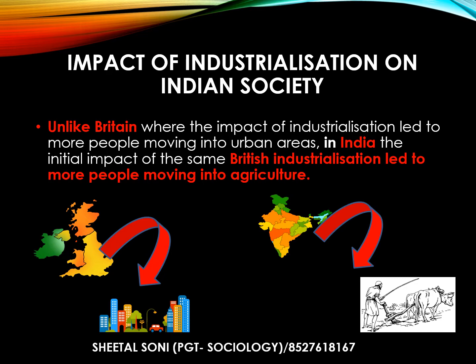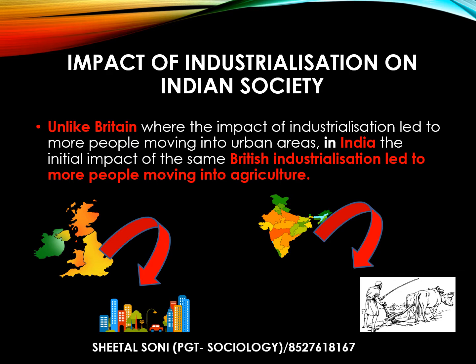So when industrialization was introduced in our society, its impact was very different from how it was introduced in Britain. When it came in Britain, people from the agricultural sector, that means from the rural areas, started running towards the urban area. But in the very initial phase in India, people from the urban area started moving back to agriculture because of the limited resources in our country.